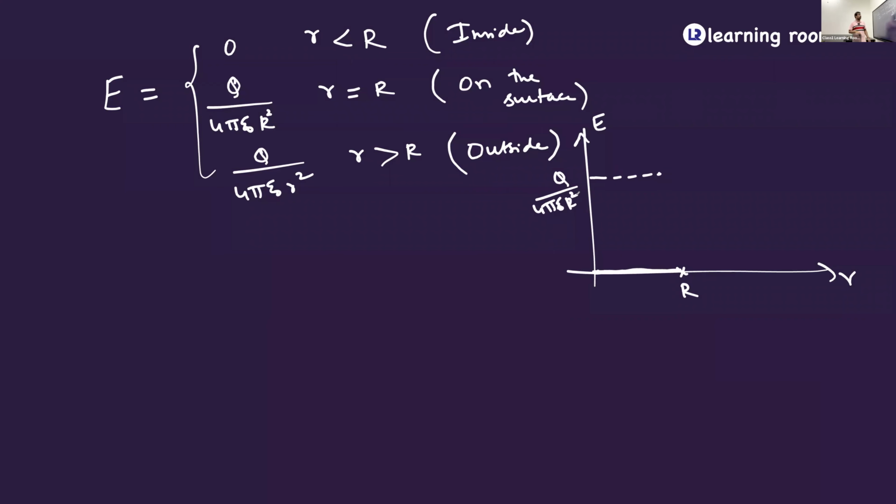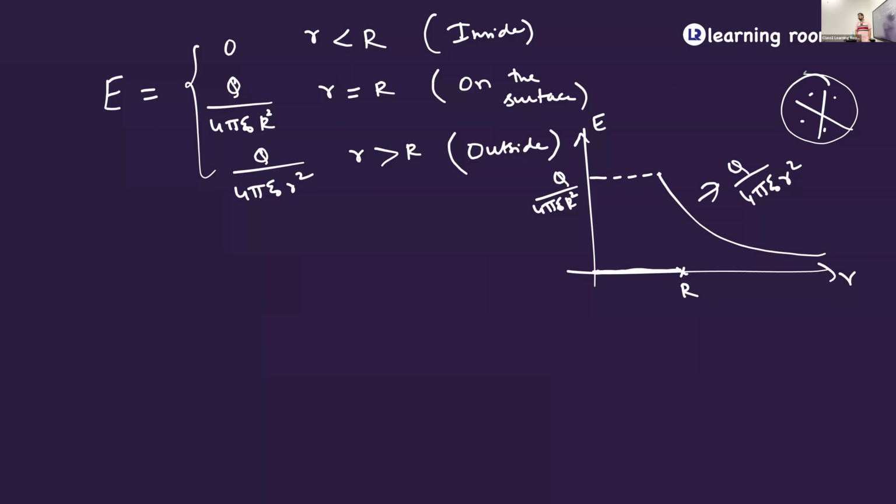After that, it will decrease as a function of small r square. So this is the graph for Q divided by 4 pi epsilon naught small r square, and this is a very, very important graph. So I hope it is clear, right? Yes, sir. So make a note of it.